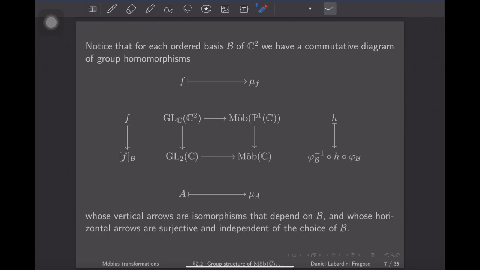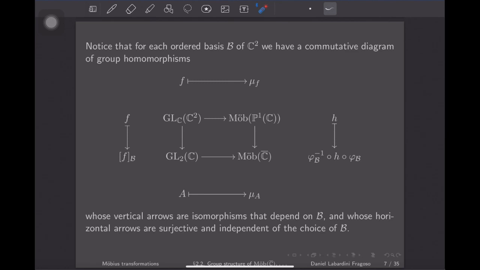So this is some formalization of what I've been saying about having the Möbius transformations defined in terms of the normal forms of the one-dimensional subspaces.